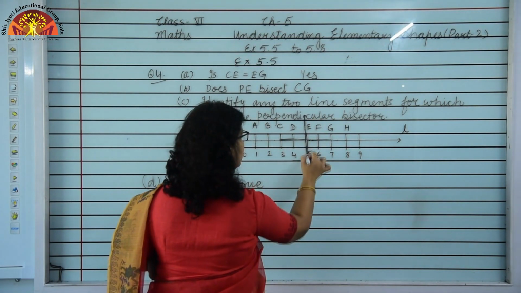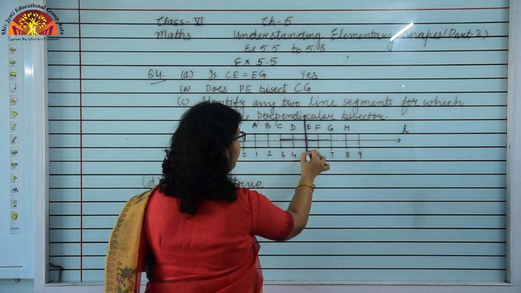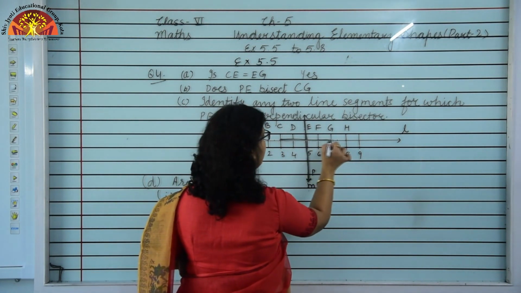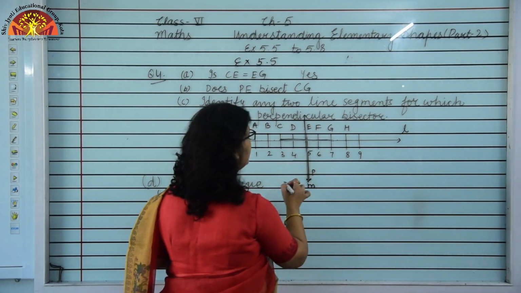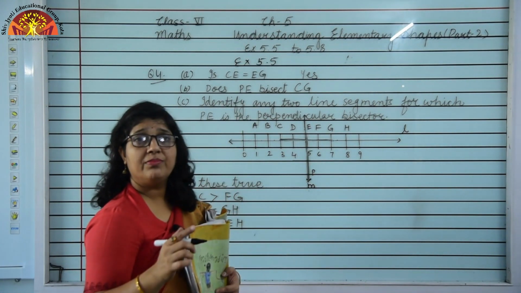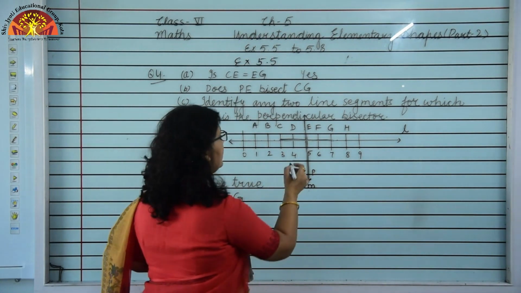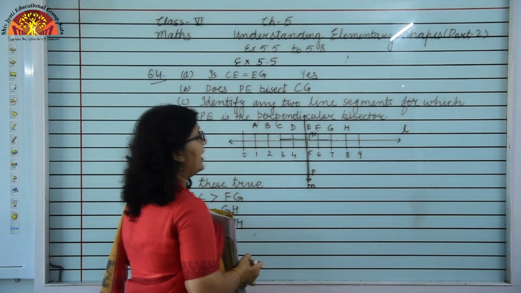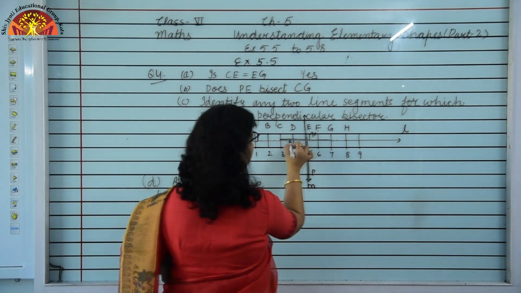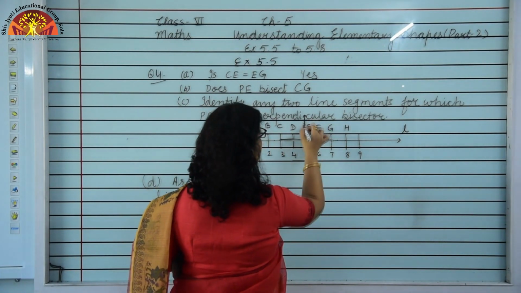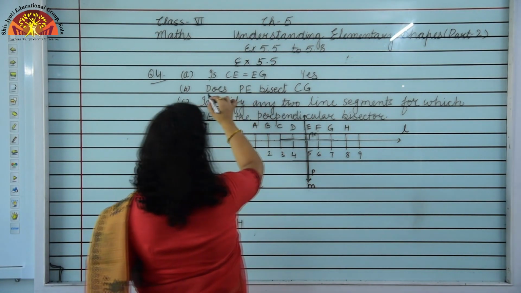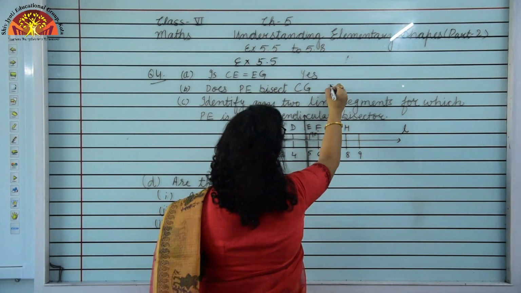So these two parts are equal, means I told you just now in the perpendicular bisector that when a line segment is bisected in two equal parts, then we say the line is a perpendicular bisector and the angle formed is 90 degrees. So this 90 degree angle is formed and here also there are 2 units, here also 2 units. It means PE bisects CG. So this is true.